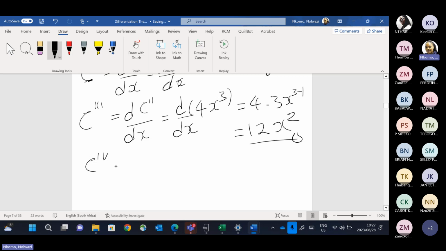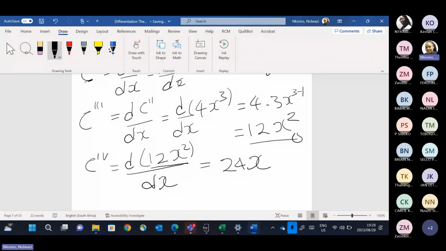If we were asked to find the fourth derivative, meaning we differentiate the third derivative, our third derivative is 12x squared. Again, you apply the power rule and you will have 24x.